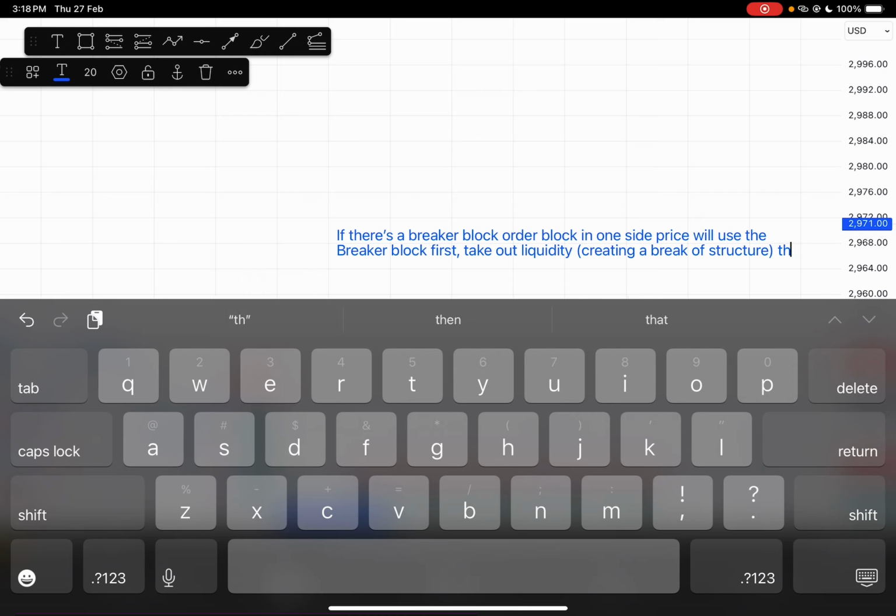Then go back again for the order block, before creating the final break of structure.